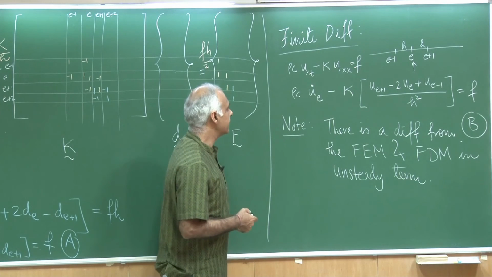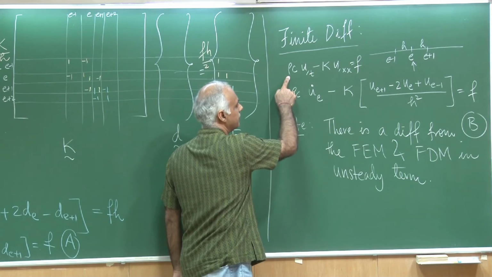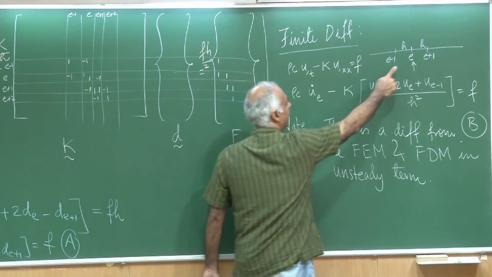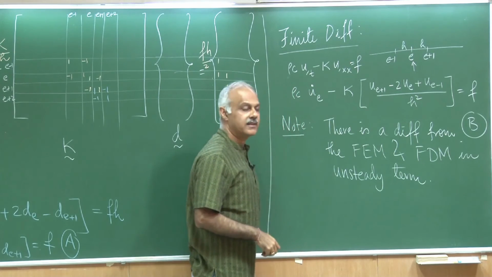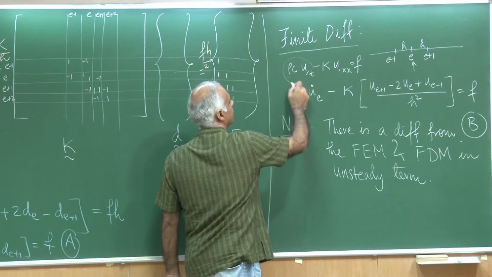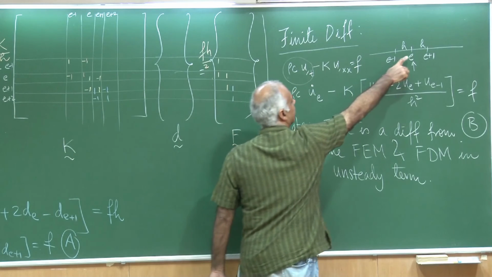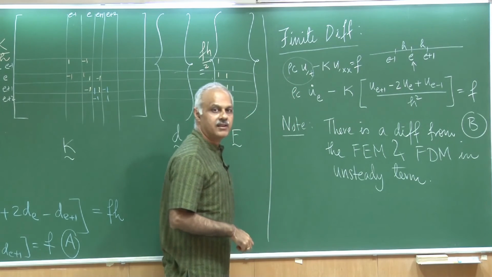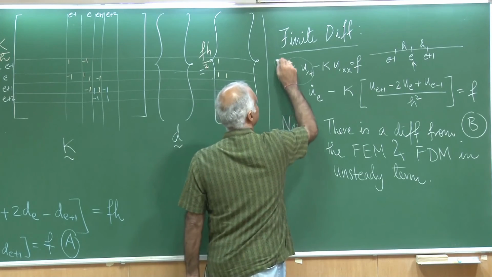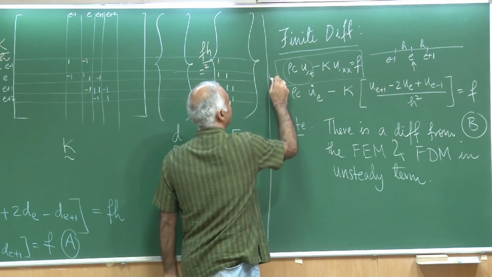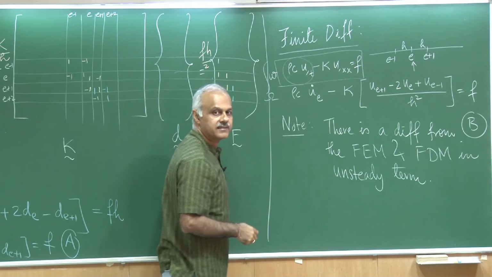If you think about it, the way a finite difference method works is we took the strong form and we simply applied it, we approximated it at each node, and that is what has happened to this term. We simply took u comma t at this node. On the other hand, what we have done in the finite element method is we took this equation and we multiplied it with a w and then integrated over the whole domain.